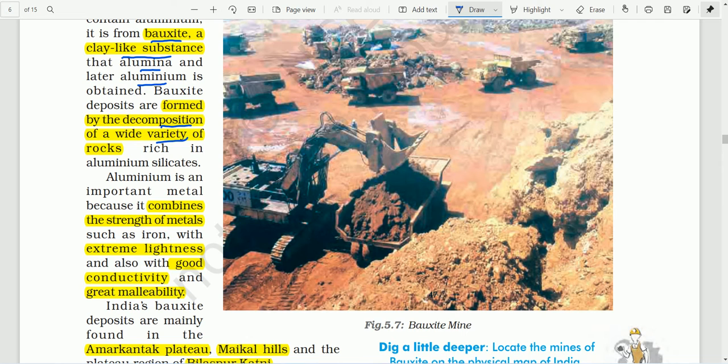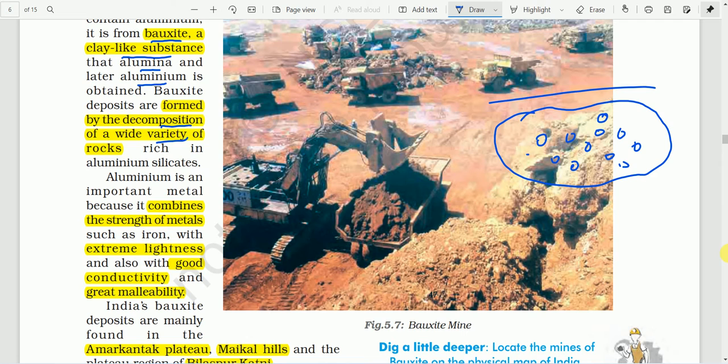Say this is a big rock, and these aluminum silicates or nodules may be embedded in a soluble rock. When there is rainfall or running water, the soluble materials will be removed, and the bauxite ores are obtained as a residual material.